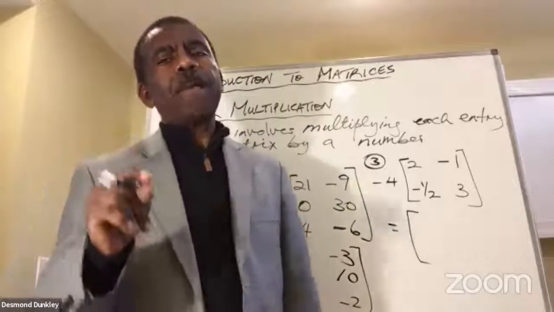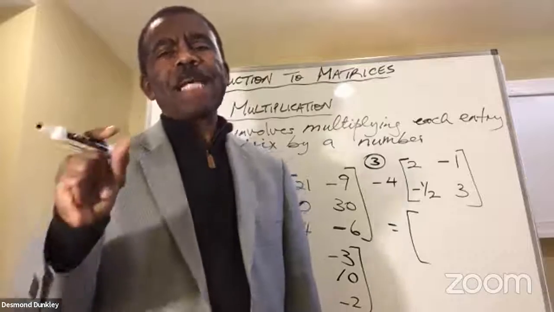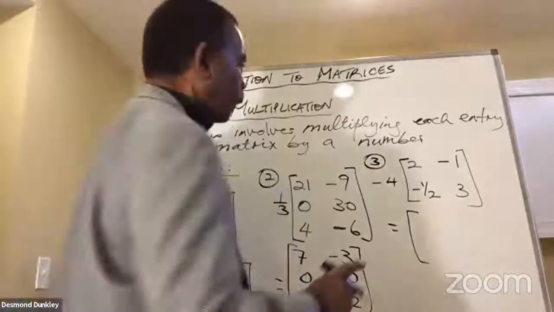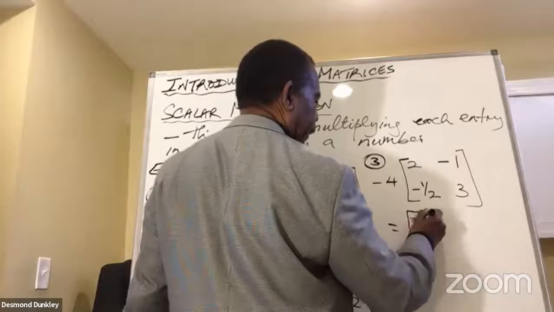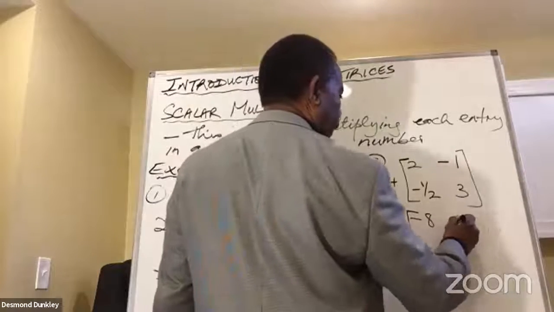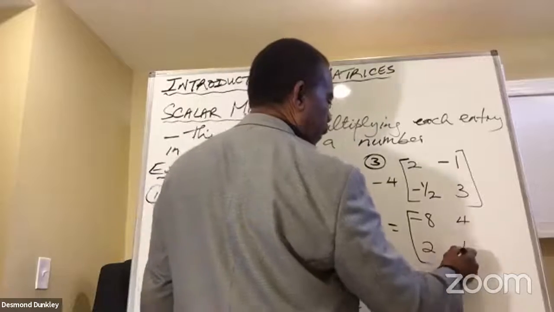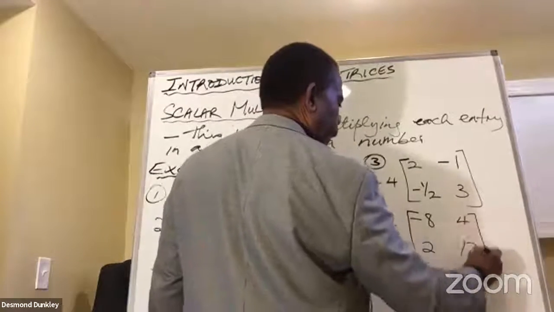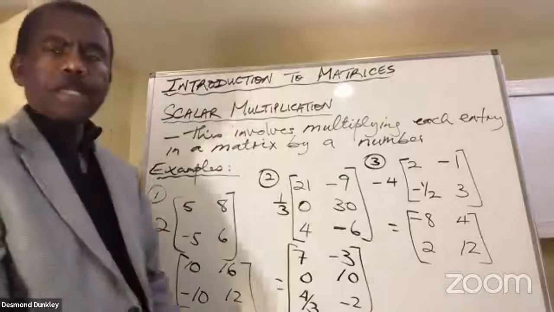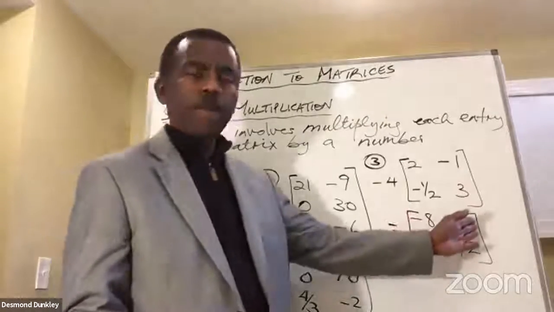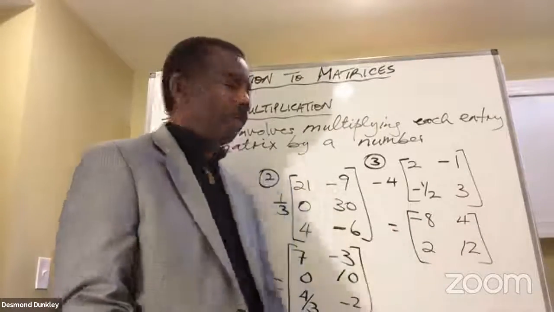So when we do the scalar multiplication, the size remains the same. So this becomes -8, this becomes 4, this becomes 2, this becomes 12.